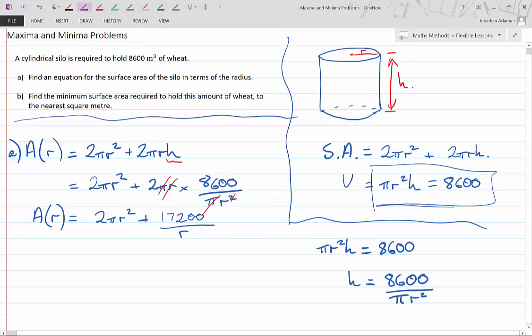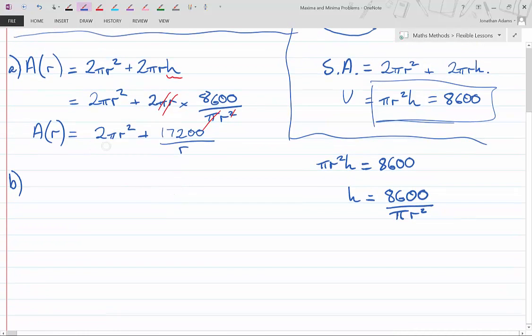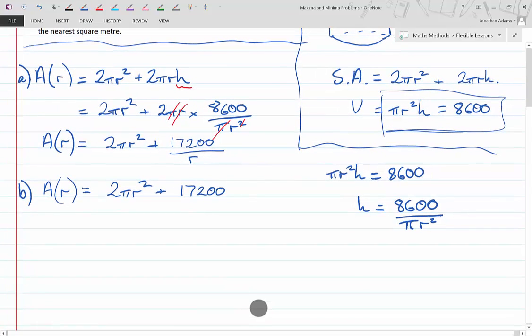Next, find the minimum surface area required to hold this amount of wheat to the nearest square meter. So I need to minimize this function. To do this, we differentiate and then solve with the derivative equal to 0. I'm going to rewrite this as r to the minus 1 to make it nicer to differentiate.